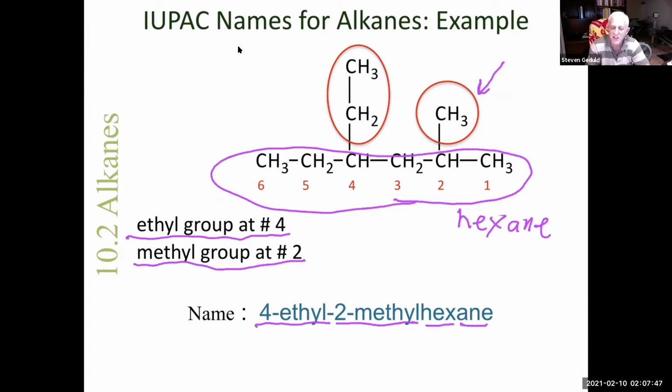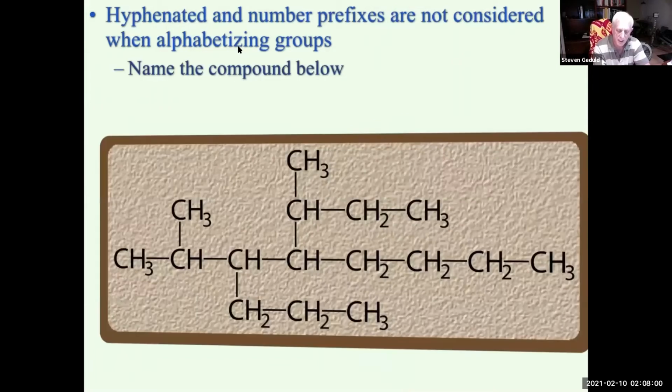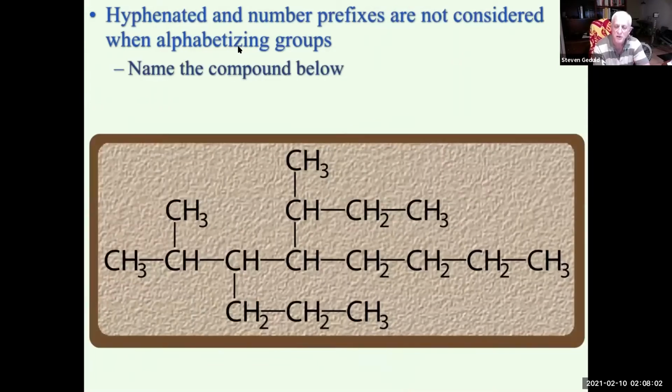And there are dashes between numbers and letters. Hyphenated repeaters are considered when alphabetizing. If there's a di or a tri, or multiple of the same thing, we don't count that for our base when we're doing alphabetical order. We'll show you an example right here.